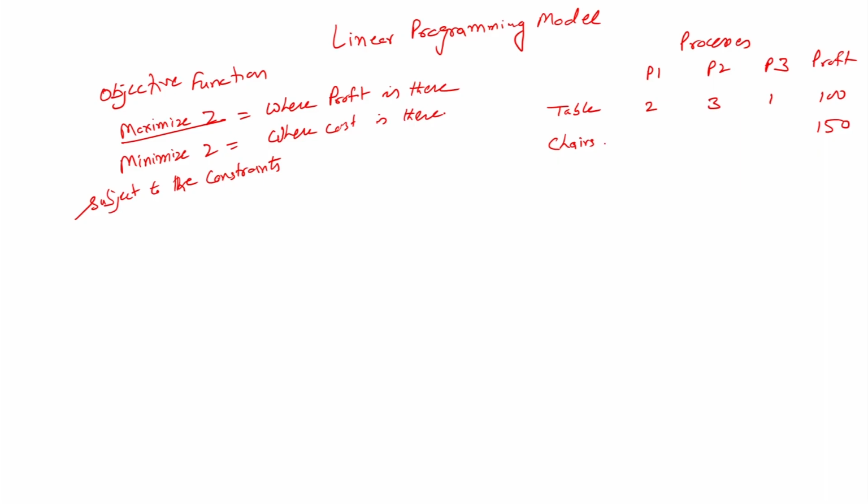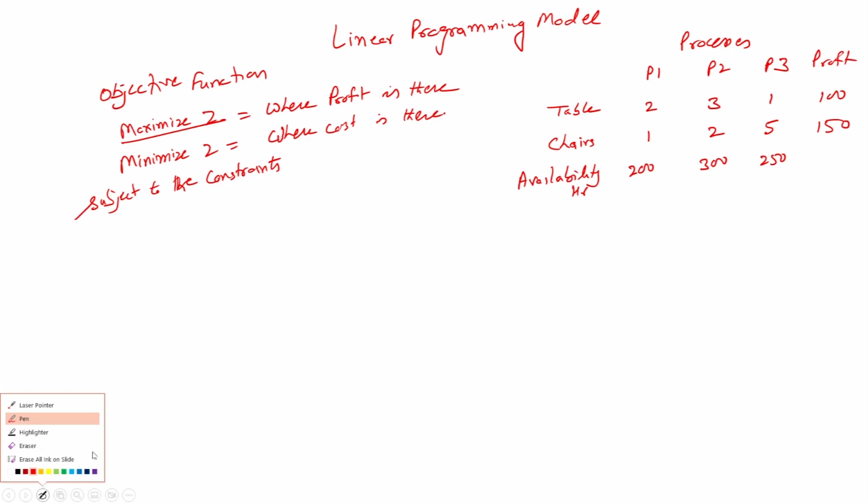To produce one chair, 1 hour of P1, 2 hours of P2 and 5 hours of P3 are required. You have 200 hours of P1 available, 300 hours of P2 and 250 hours of P3. Now, our objective here is to maximize profit.